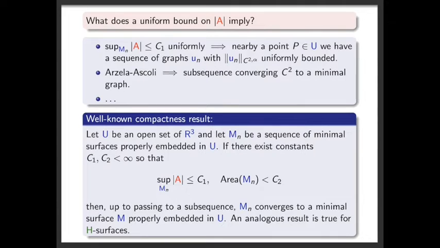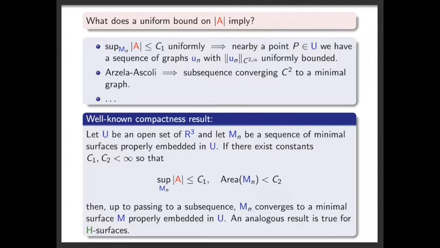But anyway, if you have these two properties, then a subsequence converges to a minimal surface M, which is properly embedded in U. And an analogous result is true for H surfaces, but you don't have embeddedness because you can have the picture of two CMC surfaces touching in the limit, like in the case of these two spherical caps that I talked about before.